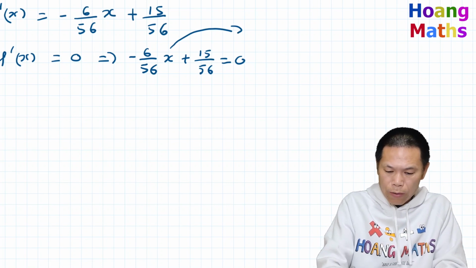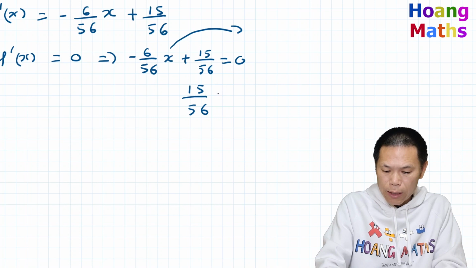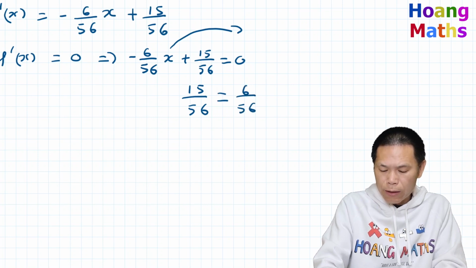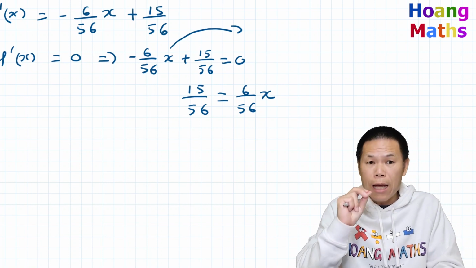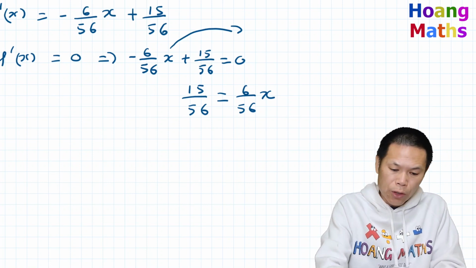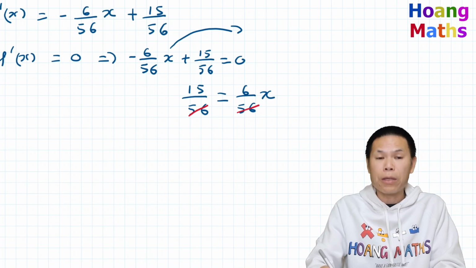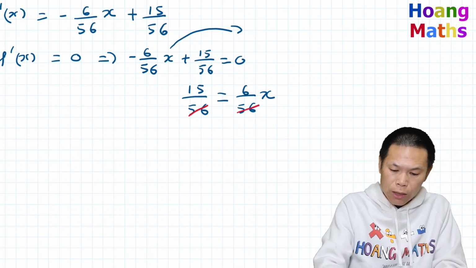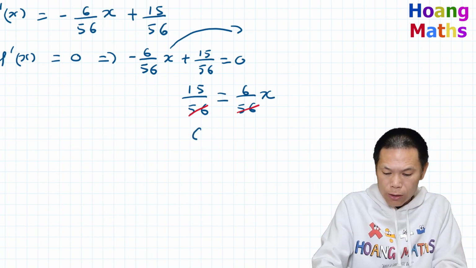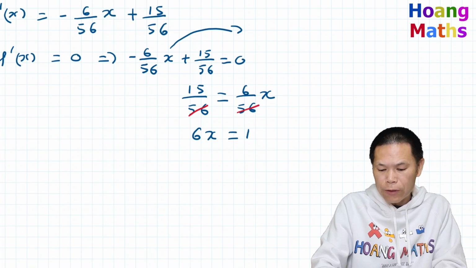That will give me 15 over 56 is equal to 6 over 56x. Now if I times 56 on both sides, that will cancel out. So keep that in mind. Now I just rewrite this: 6x is equal to 15.